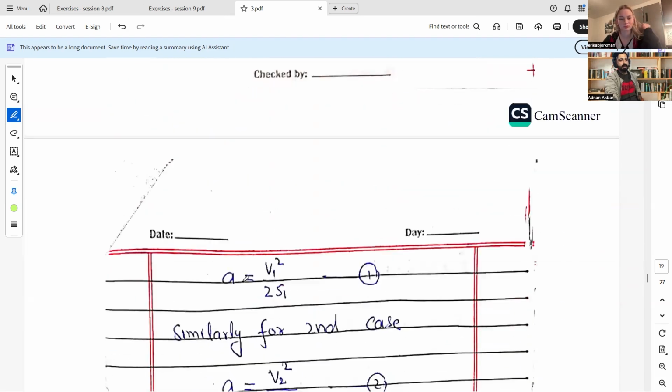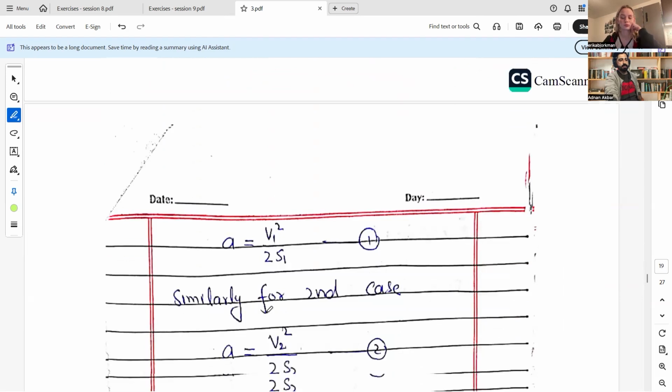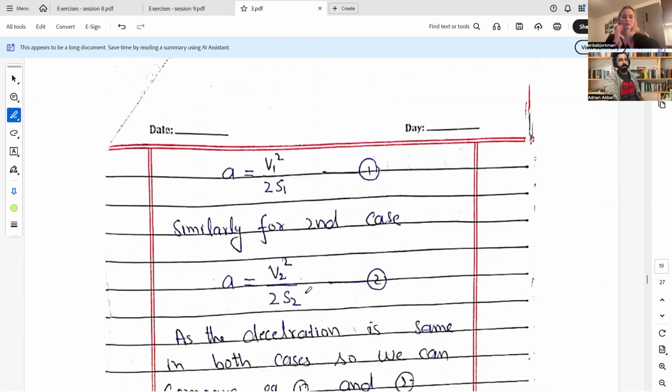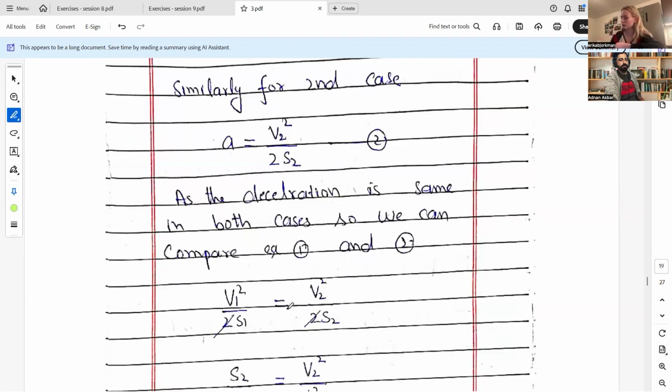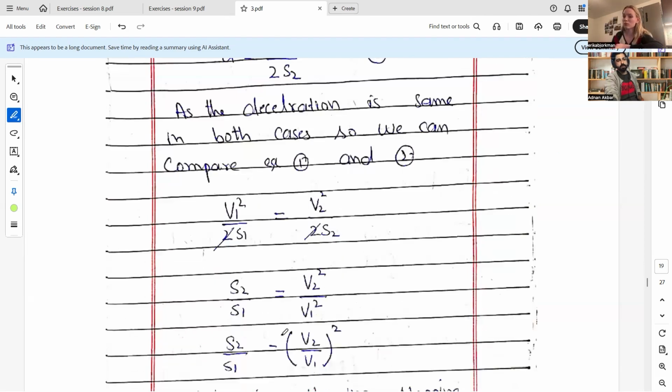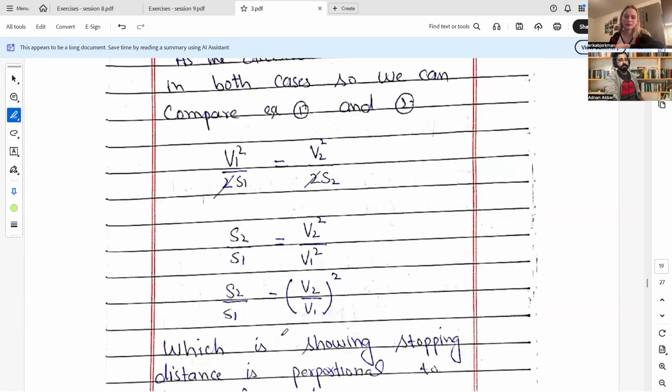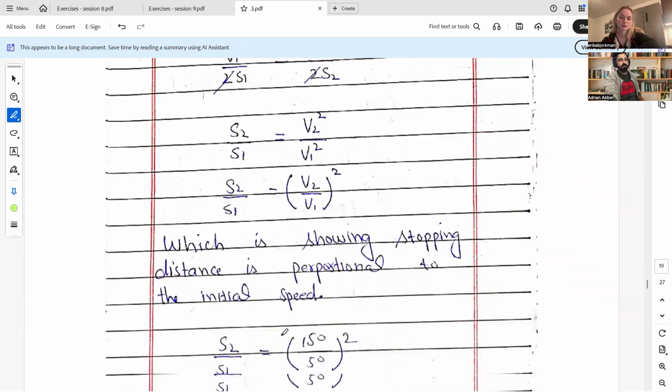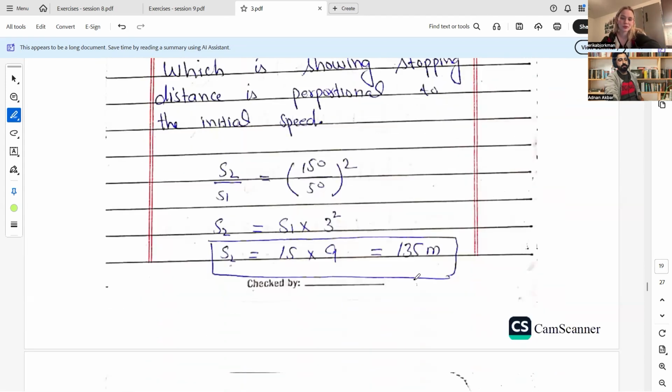So acceleration is equal to V1 square over 2S1. Similarly, for the second case, A is equal to V2 square over 2S2. You need to compare these values, cancel, and isolate S2 or S1. S2 is equal to S1 multiplied by V2 over V1 square. Put the values, simplify, and finally you have the corresponding answer. Is it clear? Yes, it's clear.